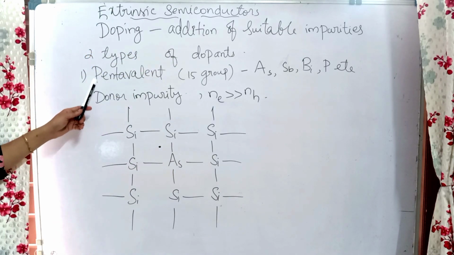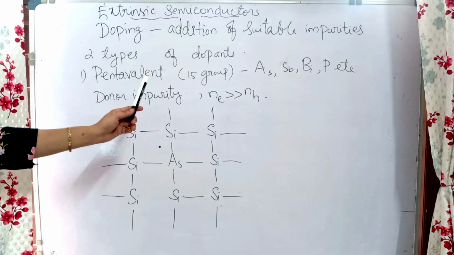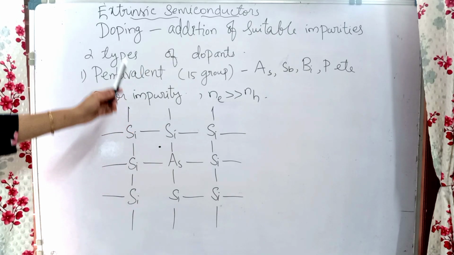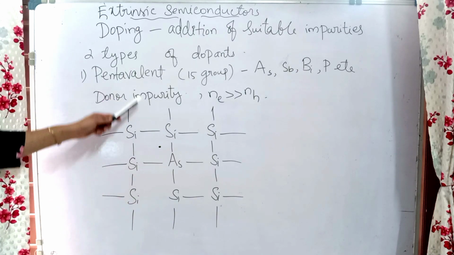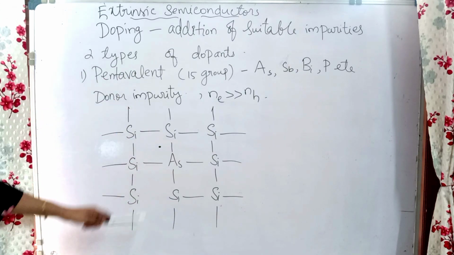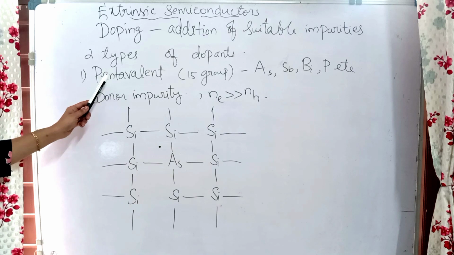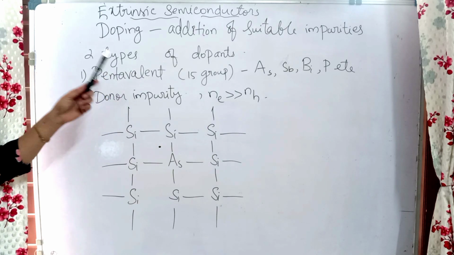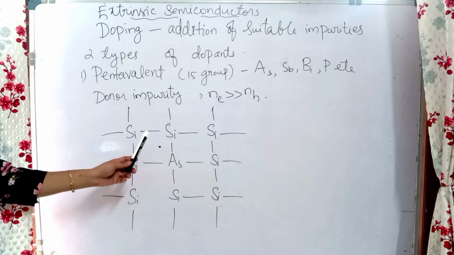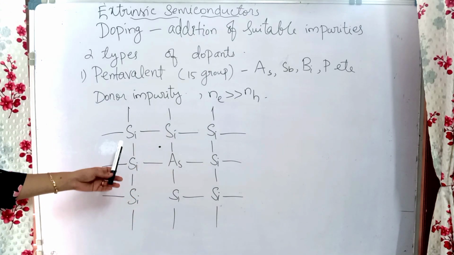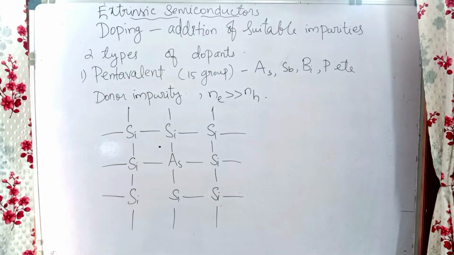The first one is pentavalent impurity atom, and the second one is trivalent. Here we talk about pentavalent first, and after that we can talk about trivalent. So we add a pentavalent or trivalent impurity to silicon or germanium.